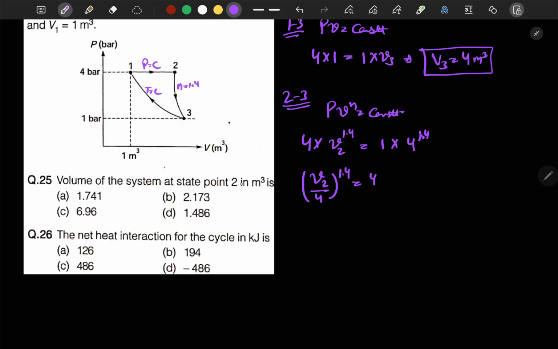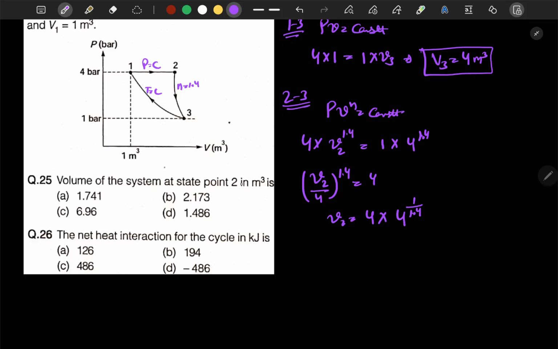Okay, from here we can take log, and then we will get 1.4 ln of V2 upon 4, or we can directly use it like this. V2 is equal to 4 times 4 to the power 1 by 1.4.